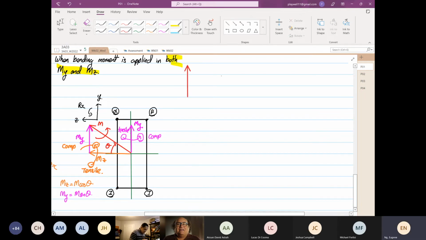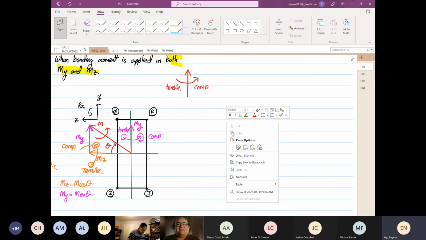You just need to know one direction, and this is the rotation based on the right hand rule. I will call this compression, and I'll call that tensile. All I do is copy and paste.